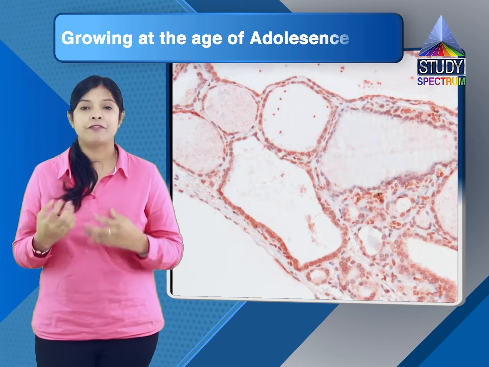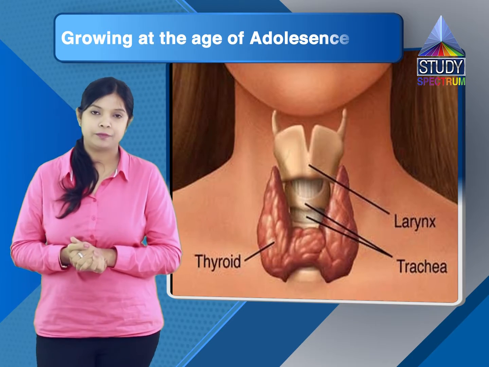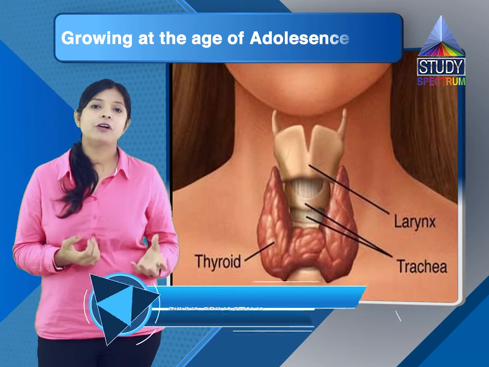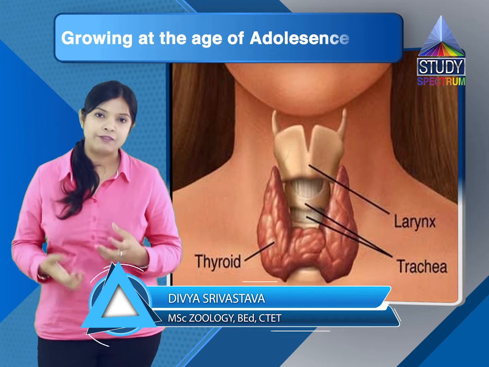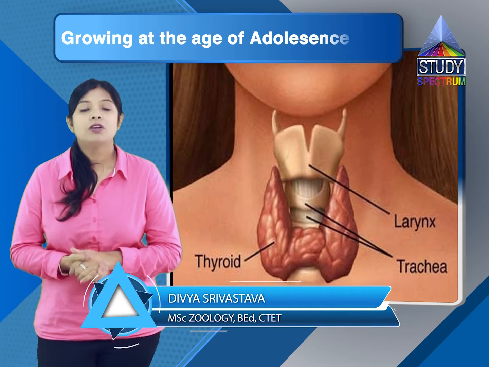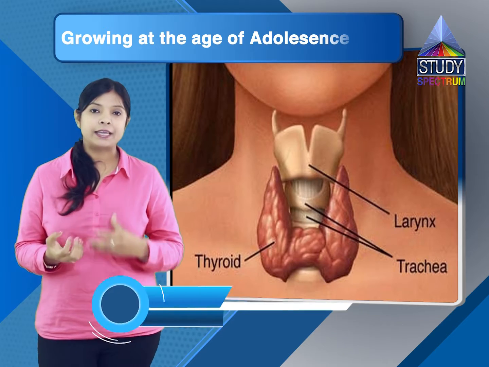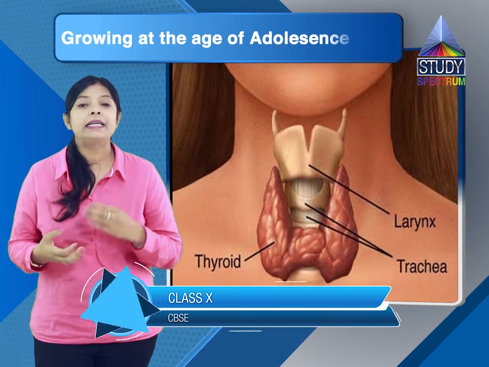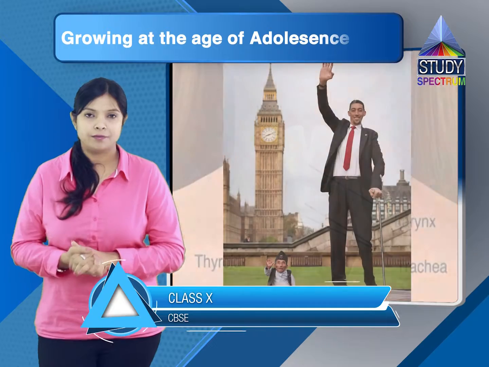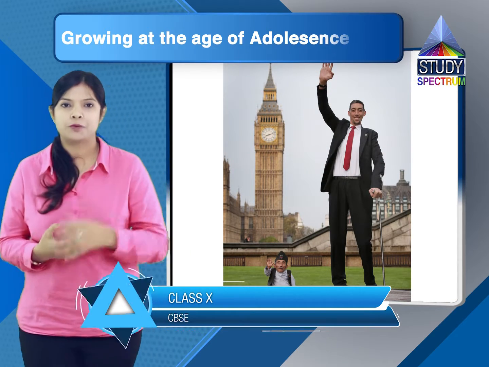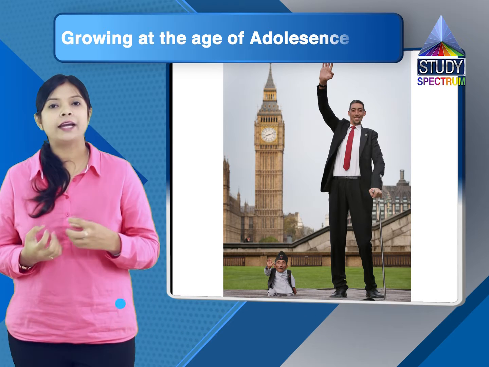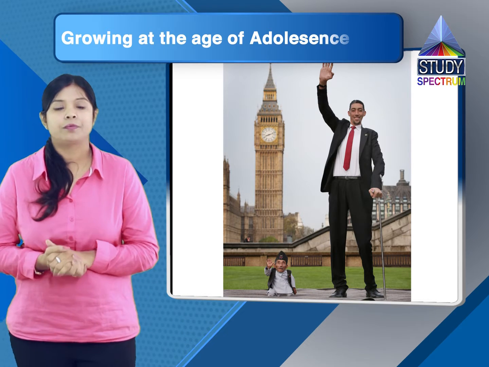It regulates the function of the thyroid gland. Now the growth hormone maintains the growth and development of the body. And if it is secreted in excess quantity, it can lead to gigantism. What is gigantism? It means extra large people. It increases the height more than needed.